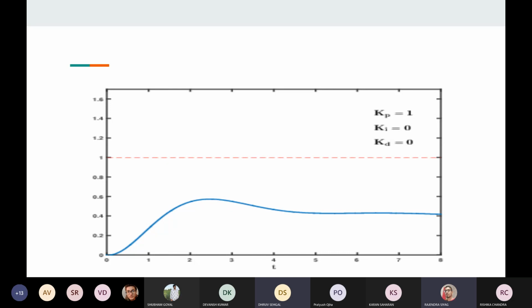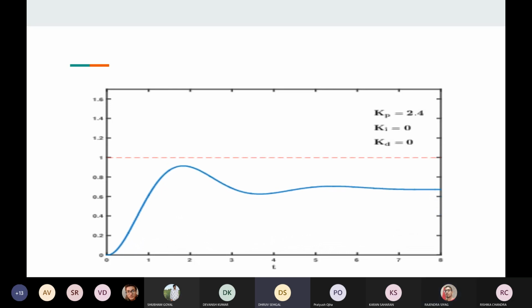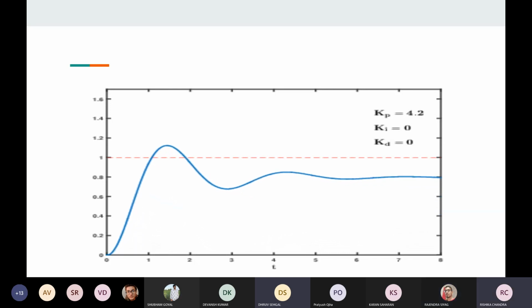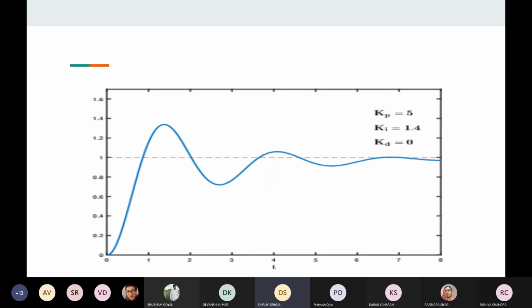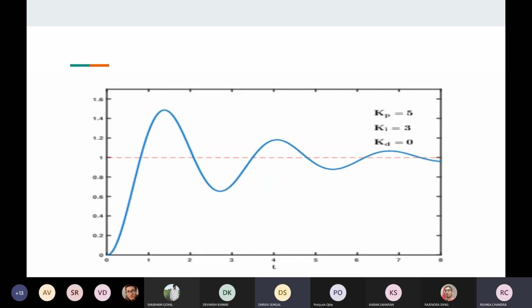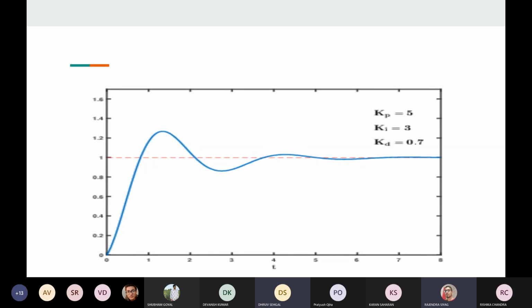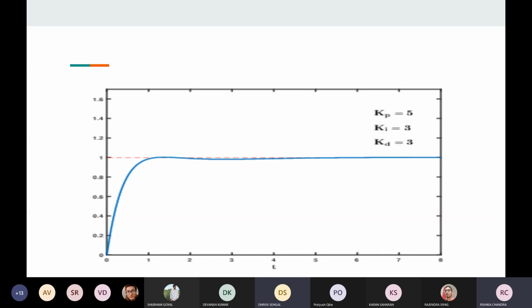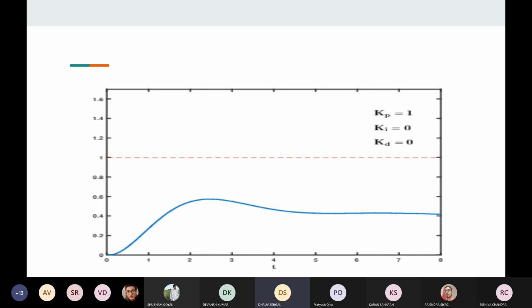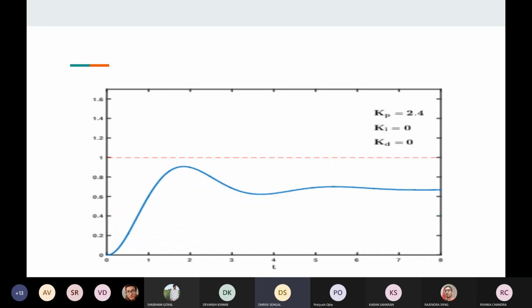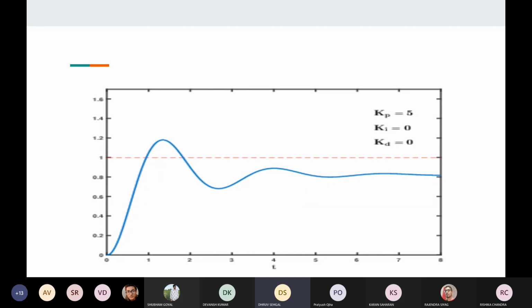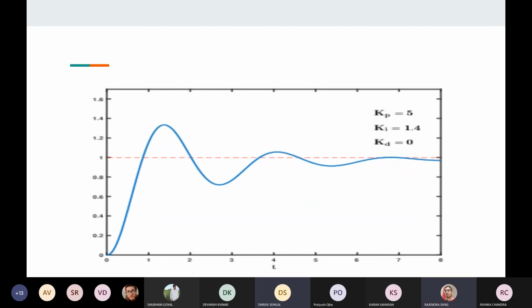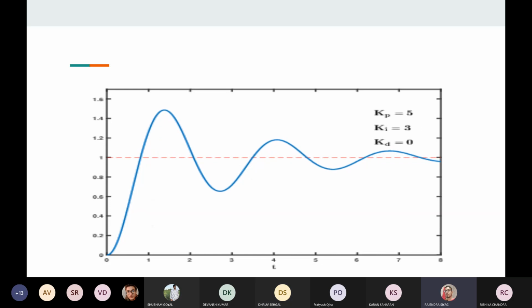Using KP alone, it can oscillate around any steady state, right? So what we do is we tune KI so that the oscillations are around the desired output. And then later the KD variable is increased, which reduces the magnitude of oscillations. Yes, sir, I've got the point.